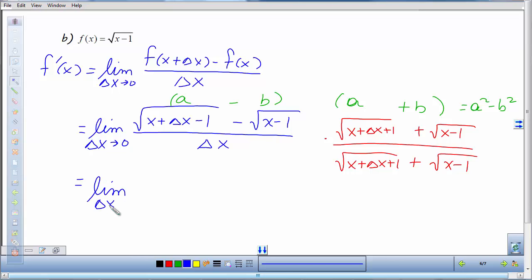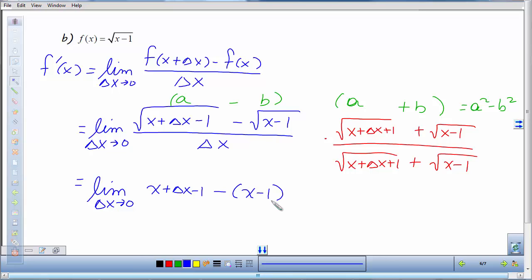as delta x approaches 0 of x plus delta x minus 1. I get that because the square root times the square root, they cancel out, and so we get rid of our radical, minus x minus 1.